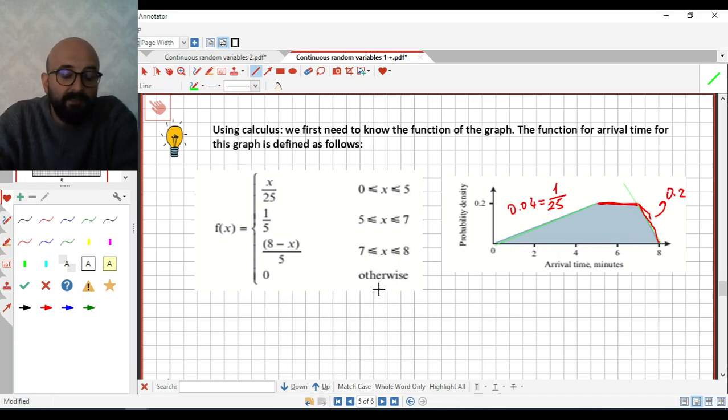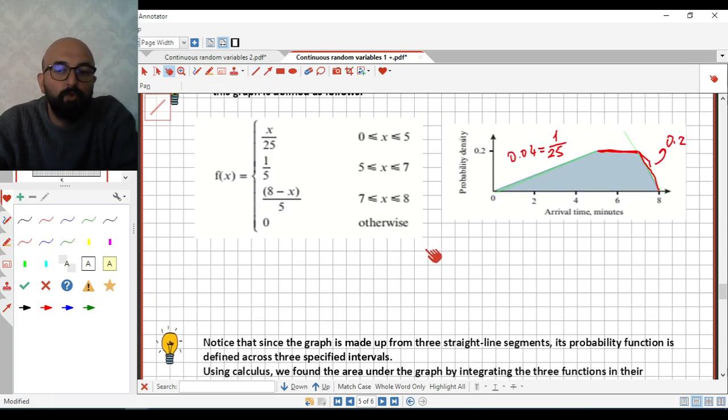For the other x values, the function equals 0, because we have only 8 minutes.